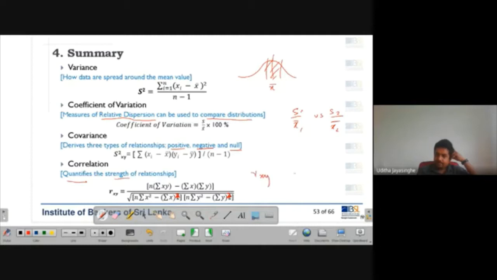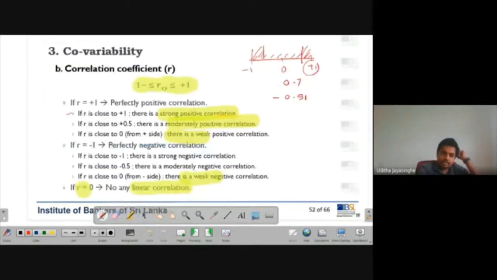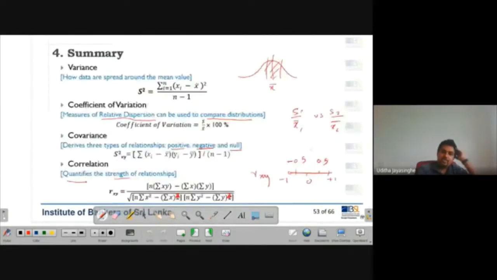Rxy is going to tell you, from -1 to +1 to 0, where your data point is going to lie, whether you can demarcate it as a strong positive, moderately positive, or weak relationship.